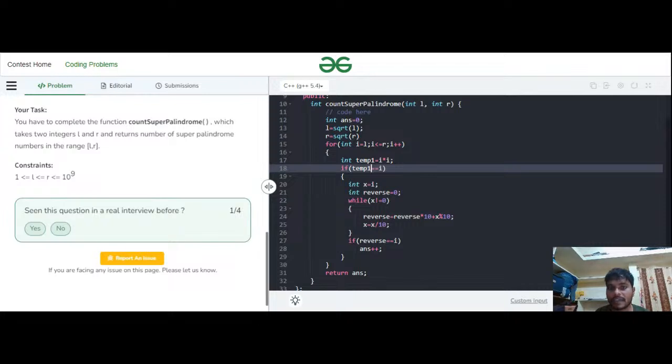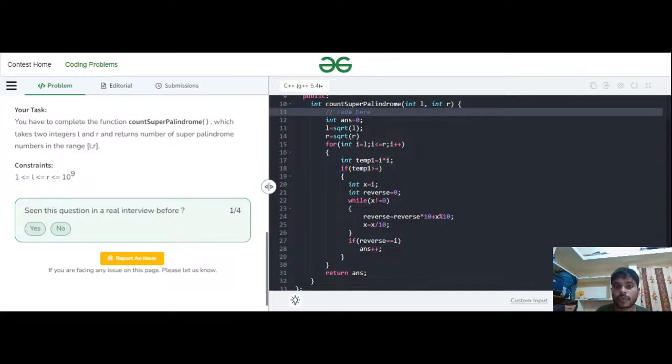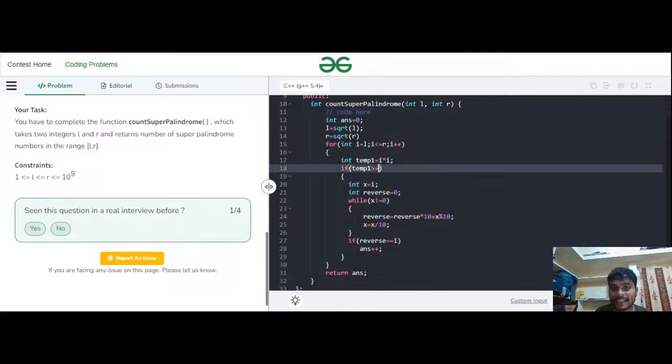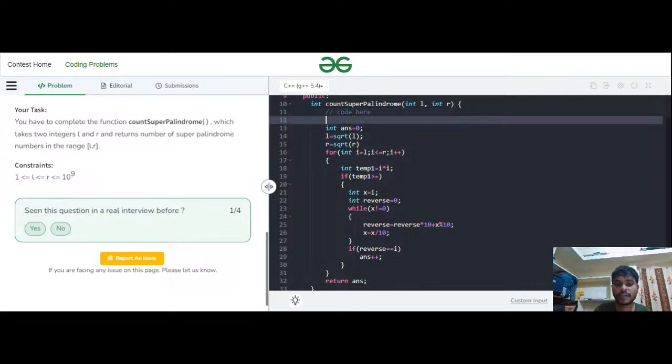It is a square, and temp 1 should lie between, temp 1 is greater than L into L. Instead of this, you can use the previous range, right?